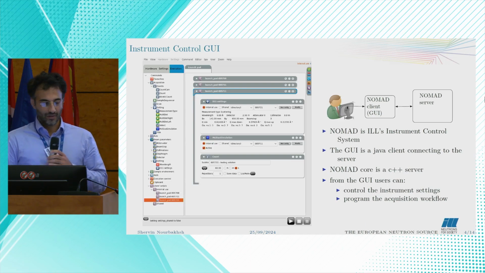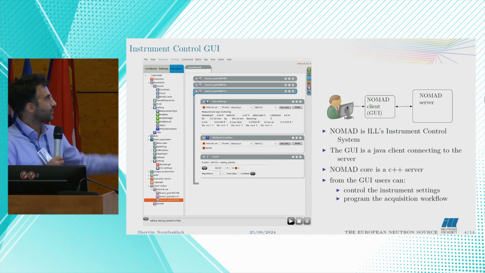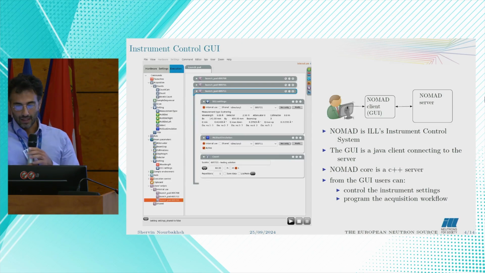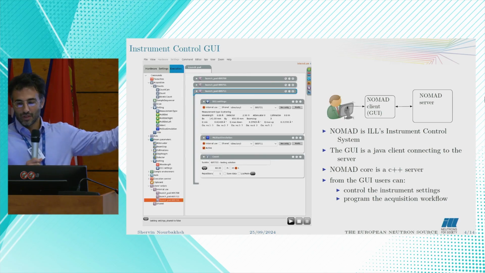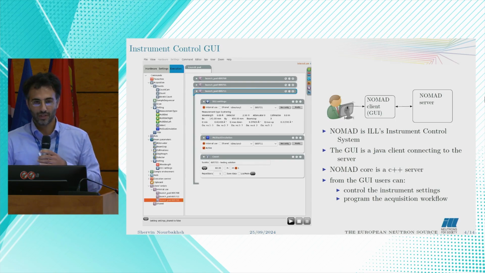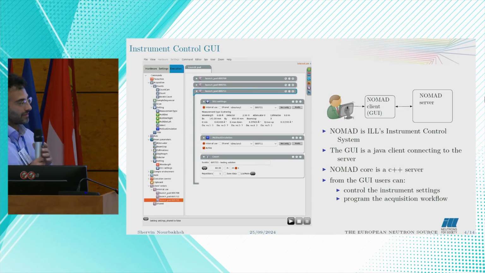And as you can see, the user seated in front of their screen interacts with this GUI that you see on the left. And it's basically a Java client here at ILL that connects to the NOMAD server, which is the real instrument control system core that is in C++. And everything is done essentially in the server.